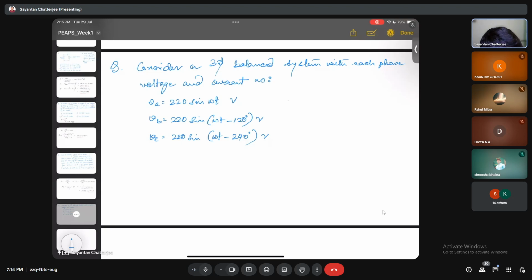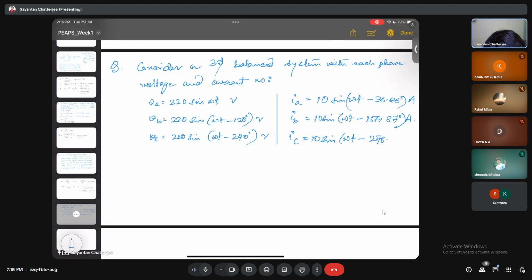So currents are IA is 10 sine omega t minus 36.86 amps, IB is 10 sine omega t minus 156.87 amps, and IC is 10 sine omega t minus 276.87 amps.